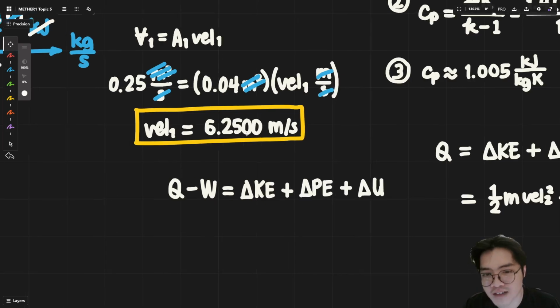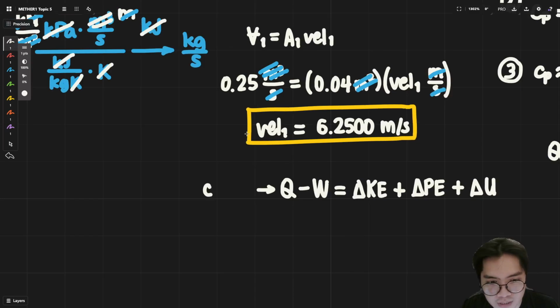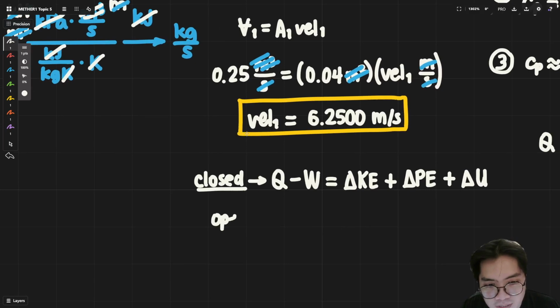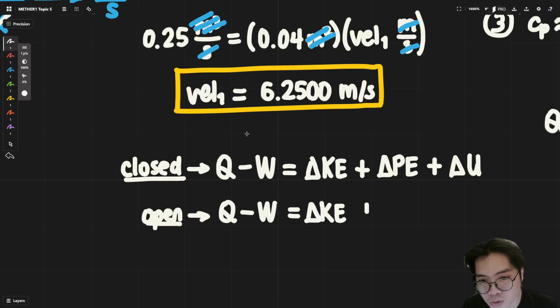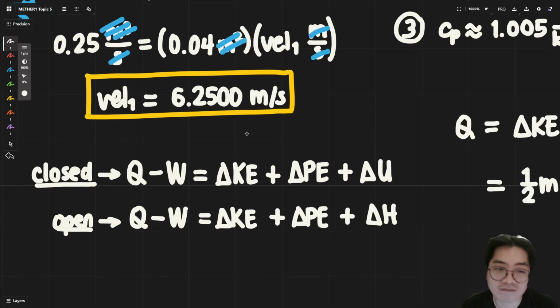This is valid for closed systems. We know that this is valid for closed systems. For open systems that are steady flow, the actual valid equation is not this, but it's also not this. The technical valid formula should be this.